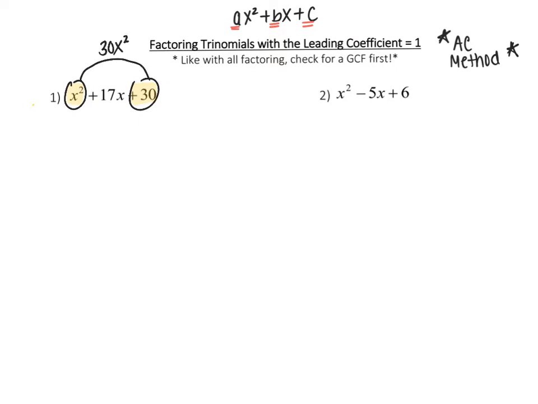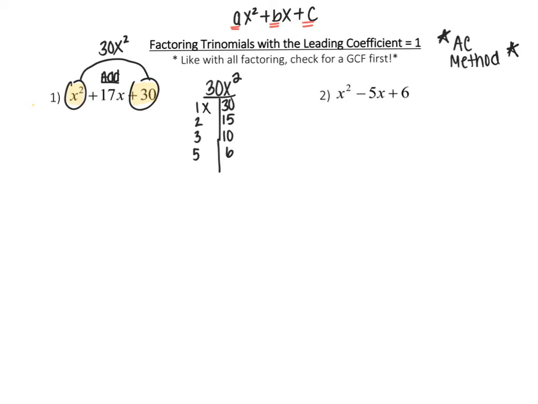That's what we multiply. So we want to find the factors of 30x squared that add to this middle term of 17x. First, let's find the factors of 30. 1 and 30, 2 and 15, 3 and 10, and 5 and 6. But be careful, because we want to multiply to an x squared, so we need x and x.